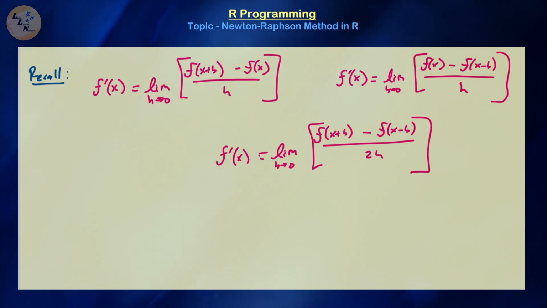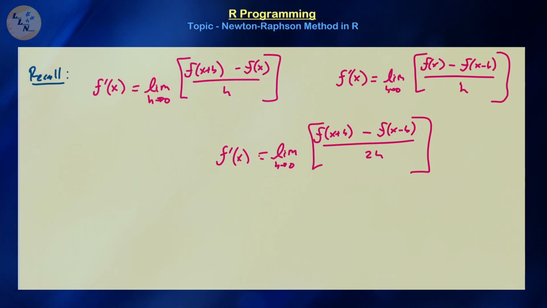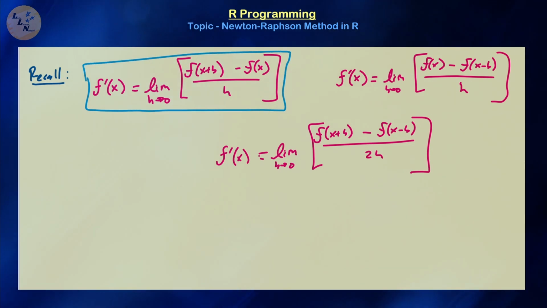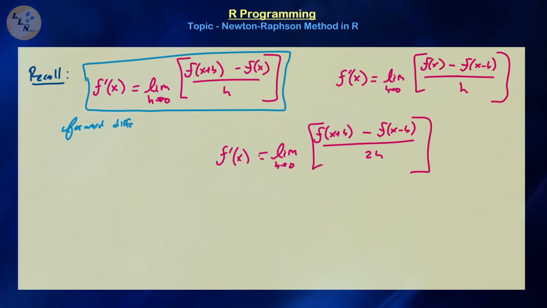So in case you don't remember some things from your first semester calculus course, remember that the definition of a derivative is commonly presented in this first little blue box, which is sometimes referred to as the forward difference definition of the derivative, and that is the limit as h approaches 0 of f of x plus h minus f of x over h, and you can approximate the derivative of a function f at x if you just replace h with an arbitrarily small number and just ignore the limit.